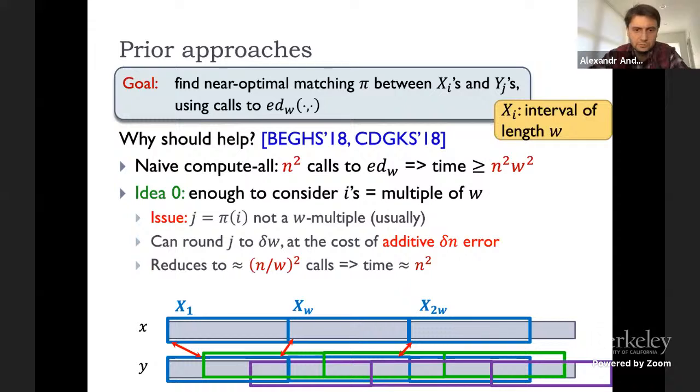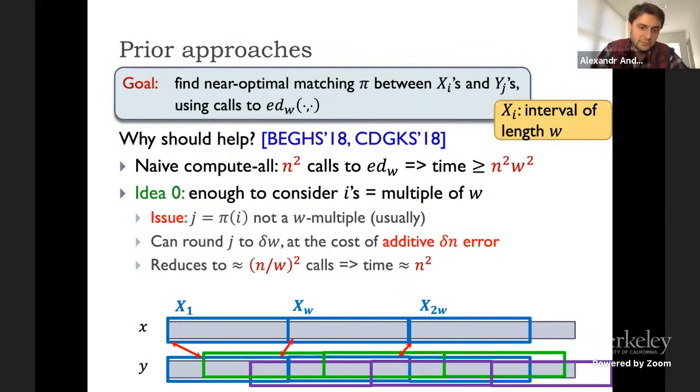How many calls do we have? Well, again, for constant delta, we still have roughly N by W substrings of X that we consider, and N by W strings of Y, times some function of delta. Let's say that's a constant. We still have at least (N by W) squared pairs of substrings for which we want to compute the edit distance on shorter strings.